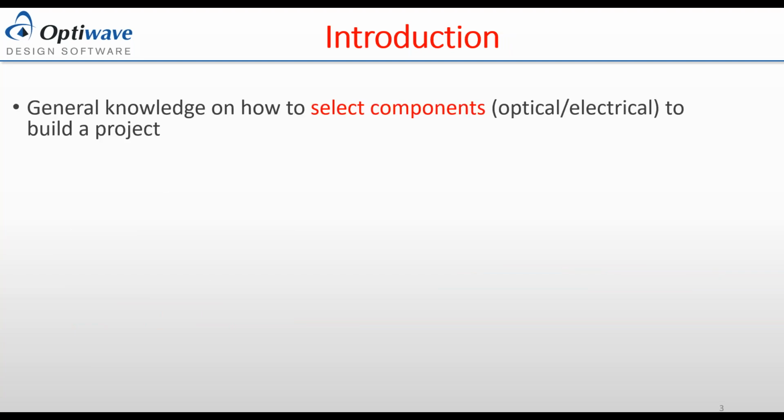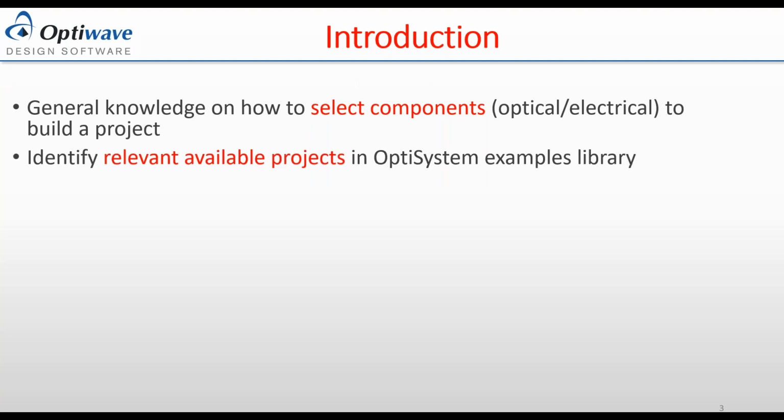Okay, so first, like in yesterday's webinar, we were talking about how to select components, and we looked into the OptiSystem software and the libraries, and how we can pick up components and drag them into the canvas and set up a project, either electrical components or optical components.